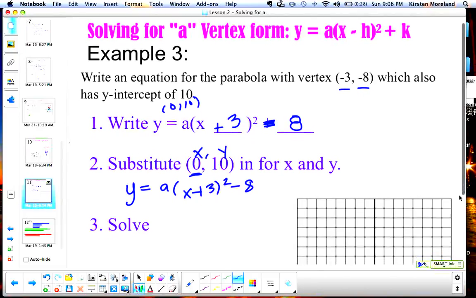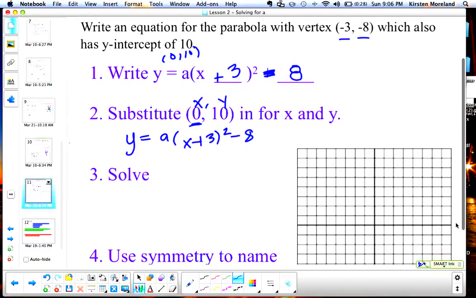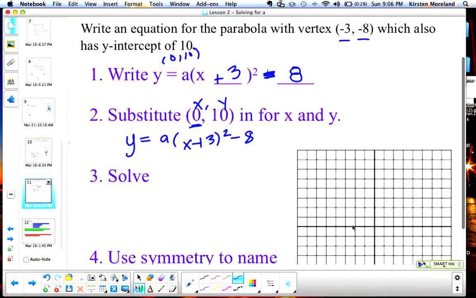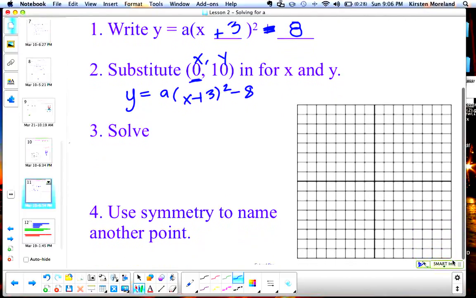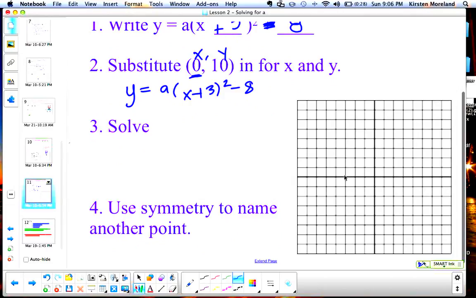All right, and I'm going to plot on my graph what I know. I know that it has the vertex of -3, -8. And I know it has a y-intercept of 10. Wow, that's big.